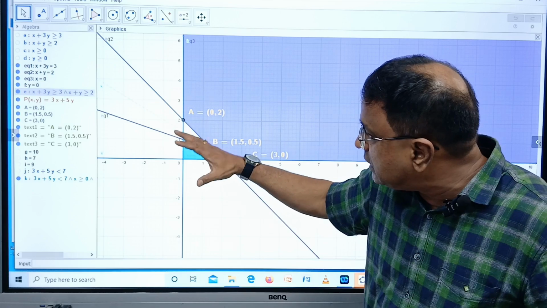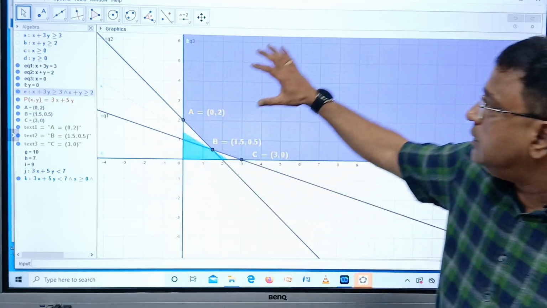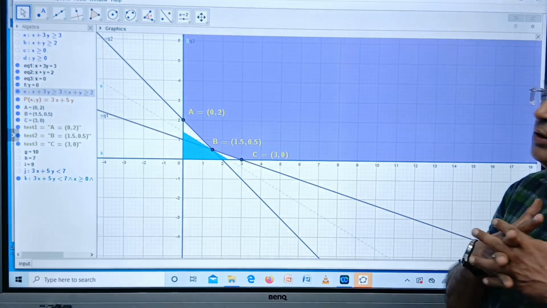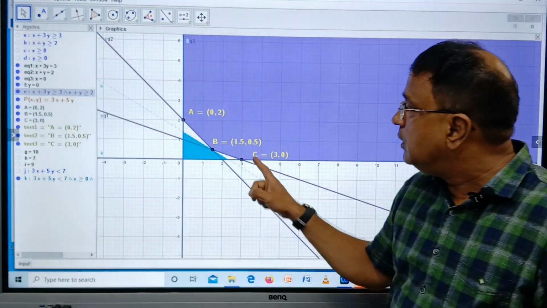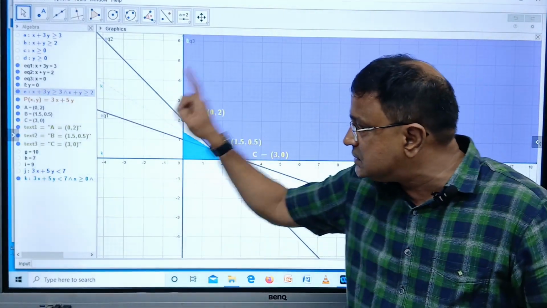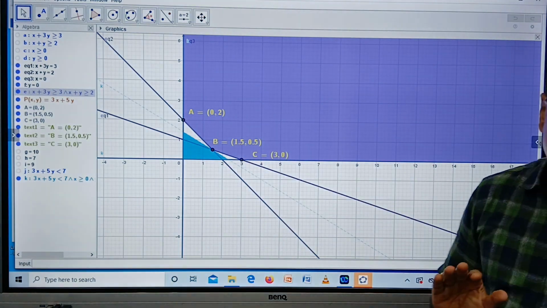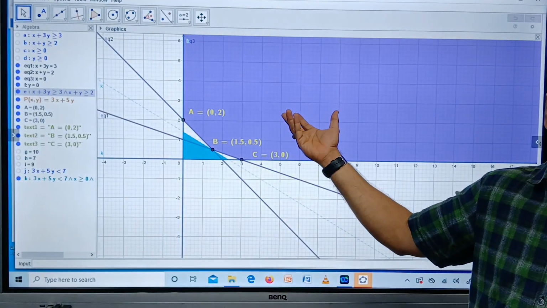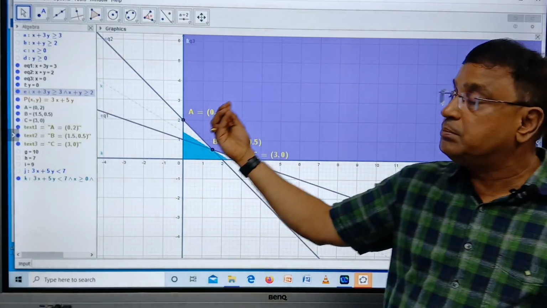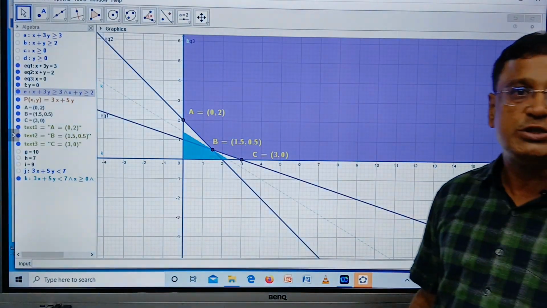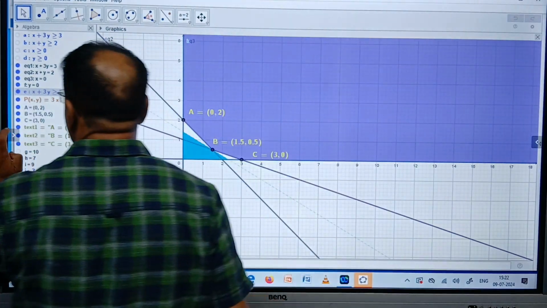So you can see clearly this light blue and dark blue, they do not overlap. They have no point in common. Therefore, the minimum value is 7 at 3/2, 1/2. Is it clear? So I thought this will be useful. How to solve problems using GeoGebra, I'll tell you later, so that it will be enrichment for you. Okay. Now next one.